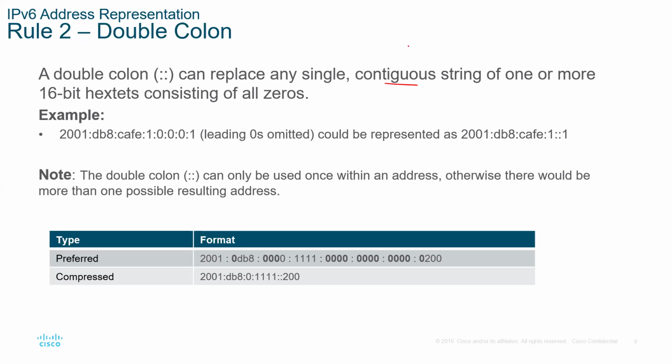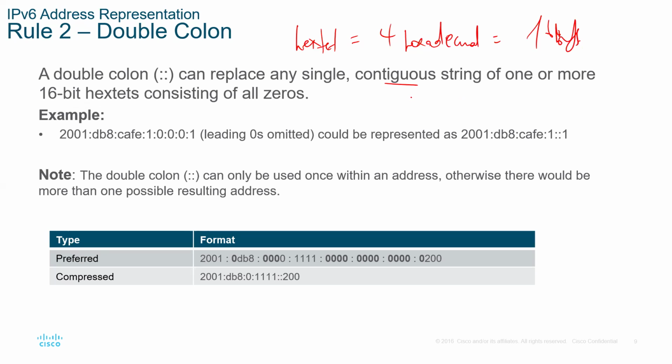A hextet is 4 hexadecimal numbers, which is equal to 16 bits.